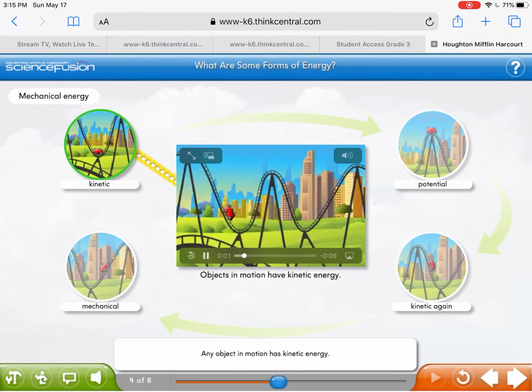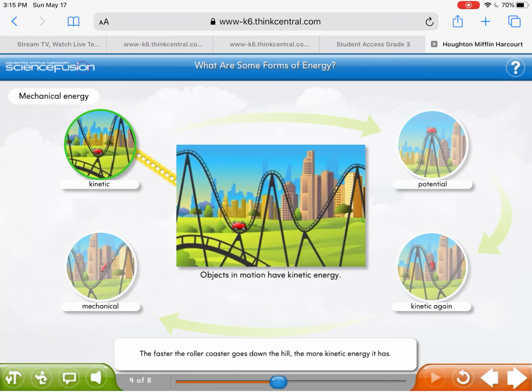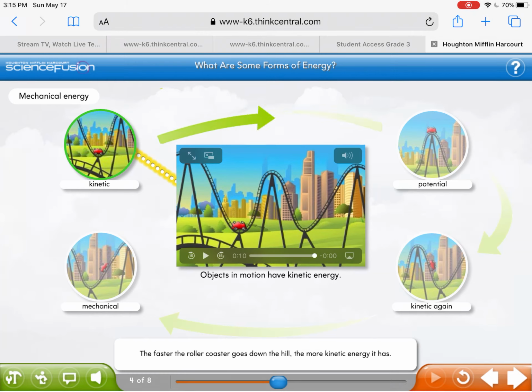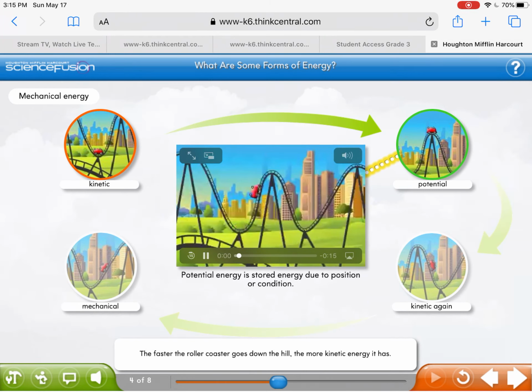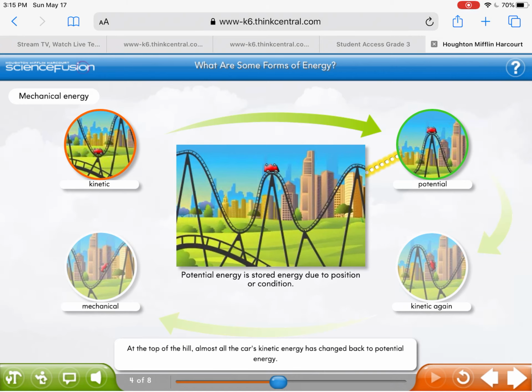Any object in motion has kinetic energy. The faster the roller coaster goes down the hill, the more kinetic energy it has. So it has kinetic energy as it goes down the hill. At the top of the hill, almost all the car's kinetic energy has changed back to potential energy. Gravity could pull it down the hill.